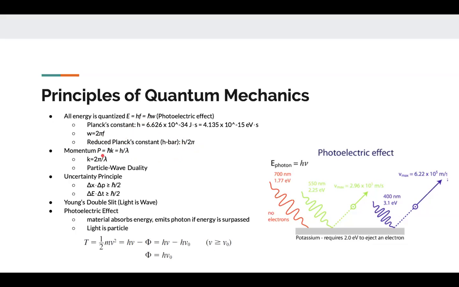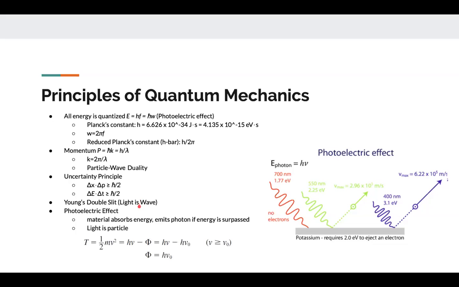Similarly for momentum, you can use h bar times k, where k is the wave number, equal to 2 pi over lambda. The momentum equation is also known as the wave-particle duality, meaning that everything is both a particle and a wave, kind of. It stems from both the uncertainty principle and the momentum h over lambda.